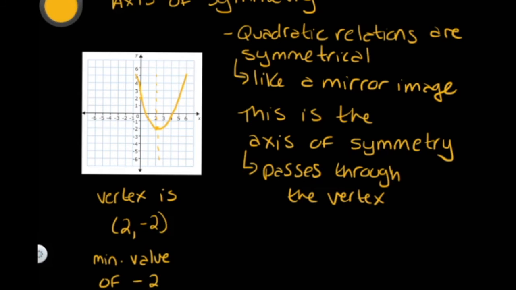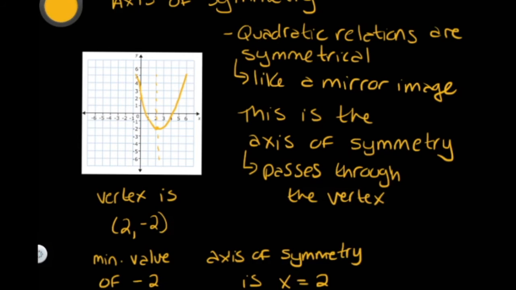And my axis of symmetry is x equals 2. So we write the axis of symmetry as x equals, and then we put that point, whatever place that it has on the x-axis, right through the center.